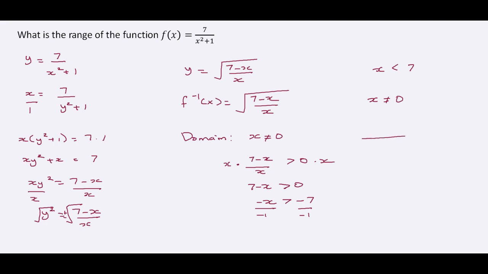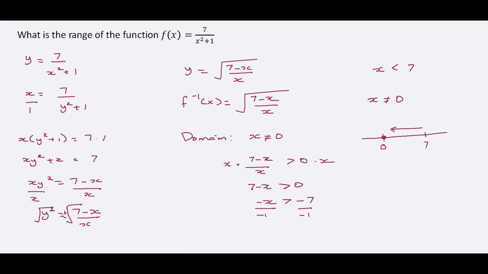So let's look at it right here. We have two holes. x cannot be equal to 0. This is 0. And we have x must be less than 7.